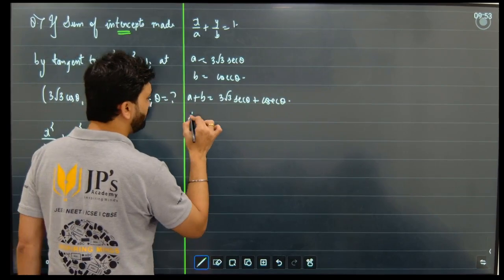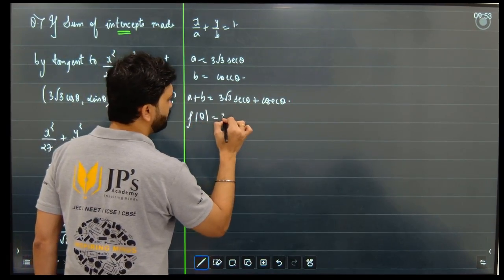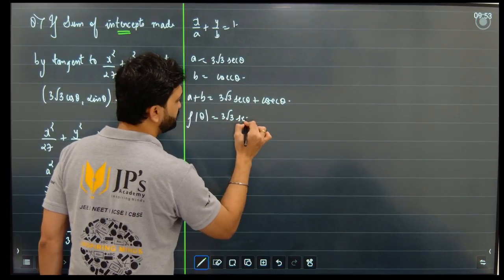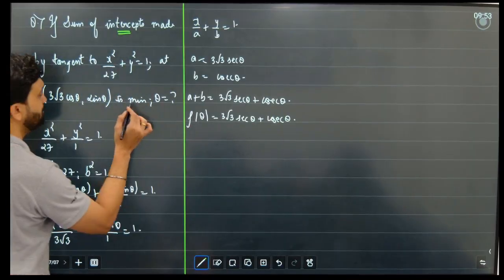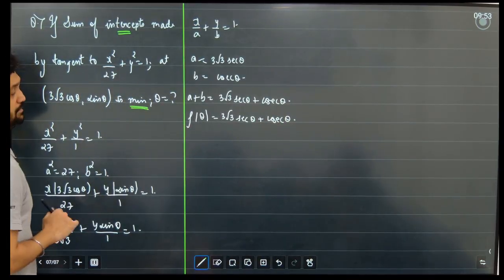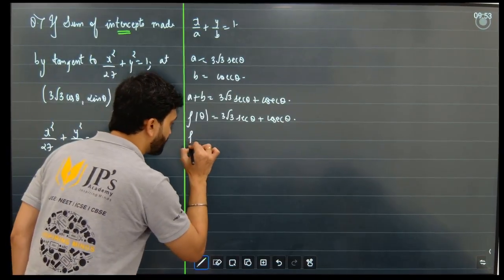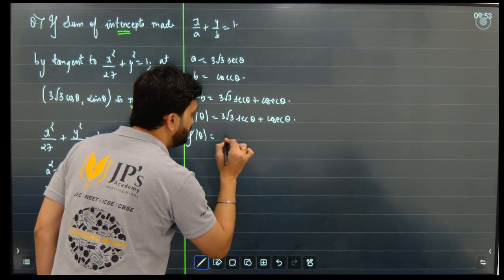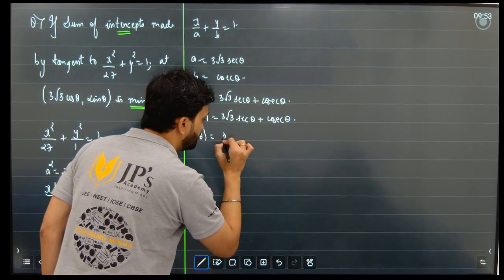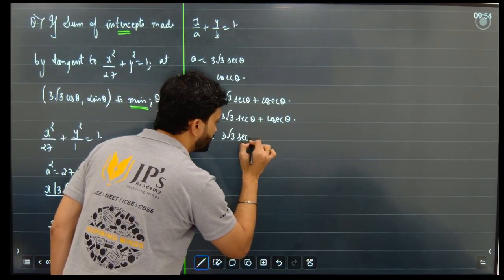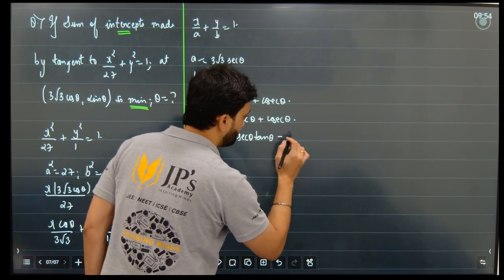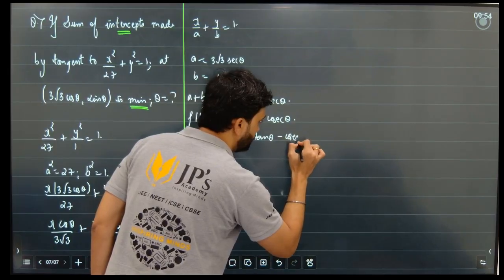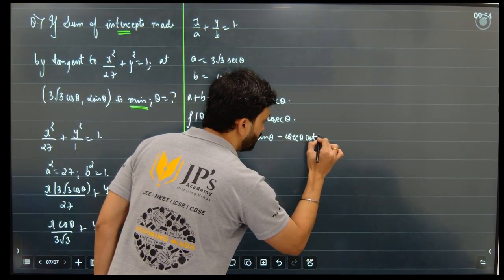Let us take it as f of theta. So f of theta will become 3 root 3 sec theta plus cosec theta, because they have spoken about maximum and minimum. It is minimum. So if I differentiate this, f dash theta will become 3 root 3 sec theta tan theta minus cosec theta cot theta.